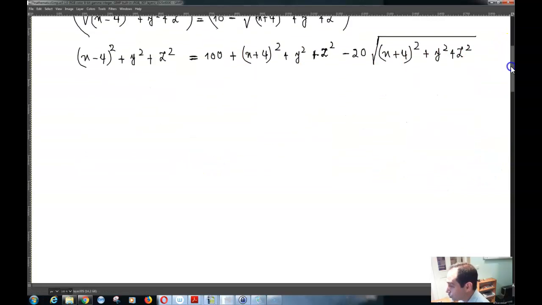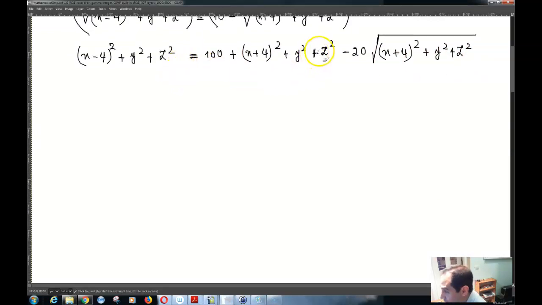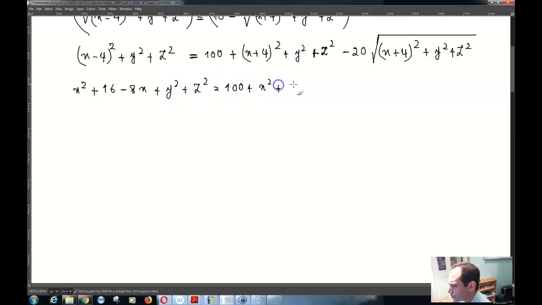So now you can simplify this a little bit, meaning that you can write x squared plus 16 minus 8x plus y squared plus z squared is equal to 100 plus x squared plus 16 plus 8x plus y squared plus z squared minus 20 times the square root of (x plus 4) whole squared plus y squared plus z squared.